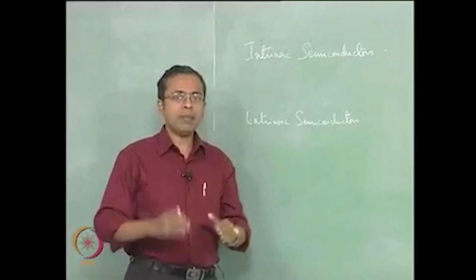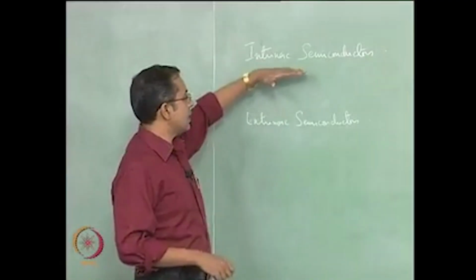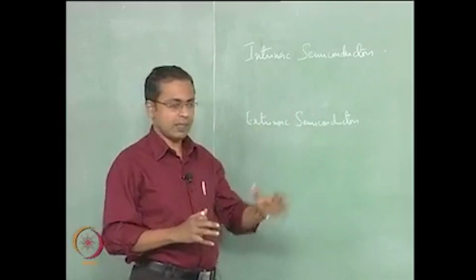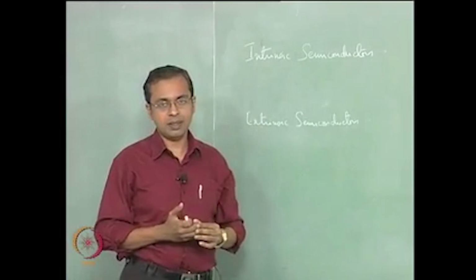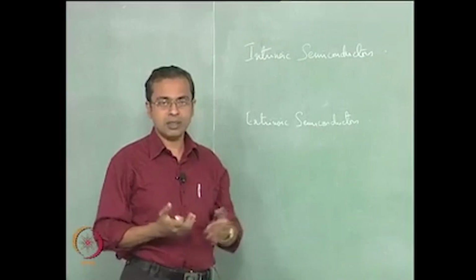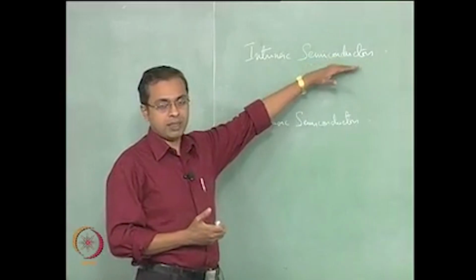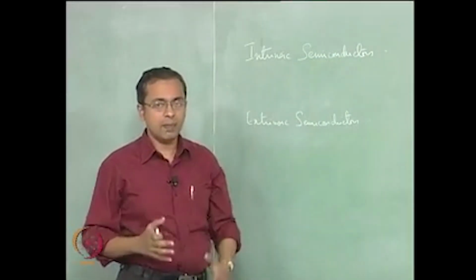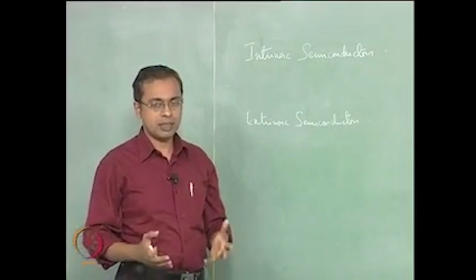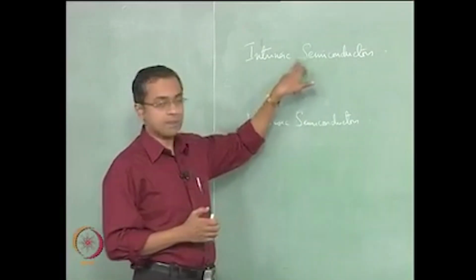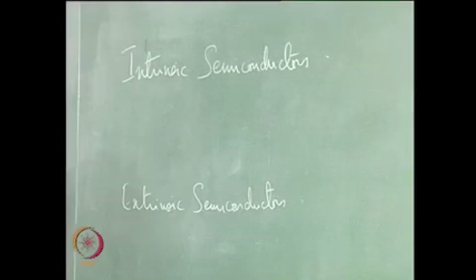But in a more fundamental sense, intrinsic semiconductors are those where the properties we are measuring, say the carrier concentration, are a direct result of the temperature of the material. It is primarily dependent on the temperature of the material. That is what decides the carrier concentration in an intrinsic semiconductor. In an extrinsic semiconductor that is not necessarily so.